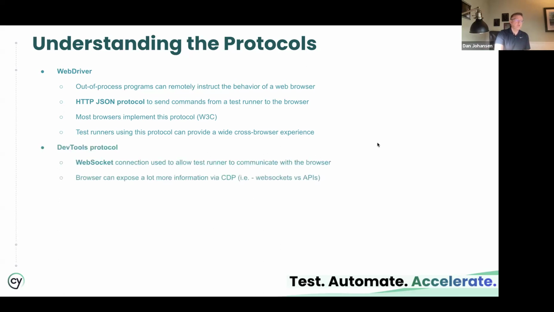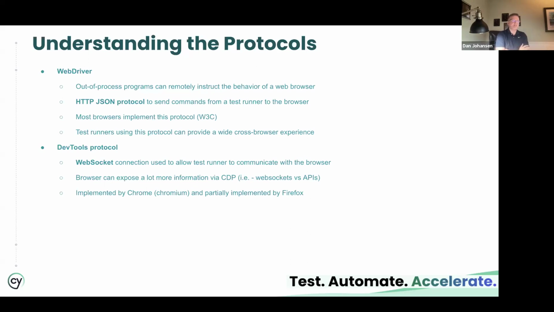Protocol number two is the DevTools protocol, CDP, and this is using a WebSocket connection. And this is the WebSocket used for the test runner to be able to talk to the browser. So in some ways it's similar to the API approach, but what's unique is the difference between a WebSocket and an API. A WebSocket exists to facilitate a chatty application that's a two-way street between two different parties.